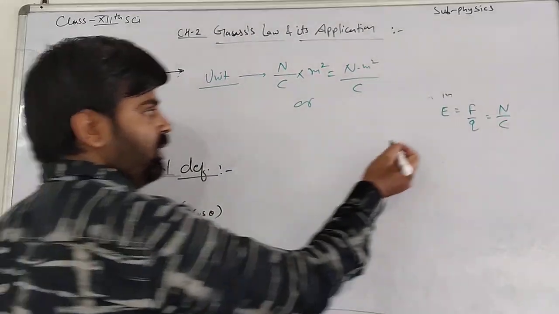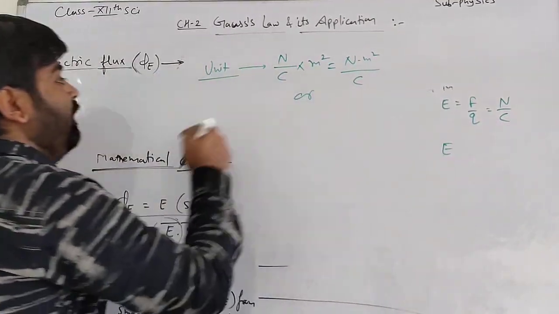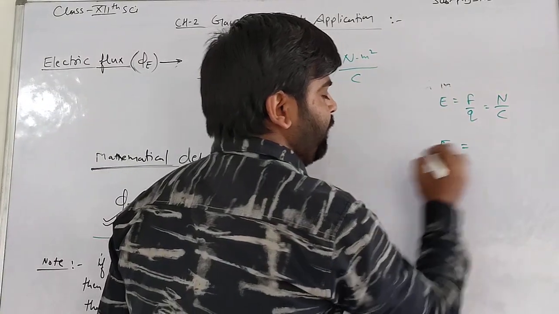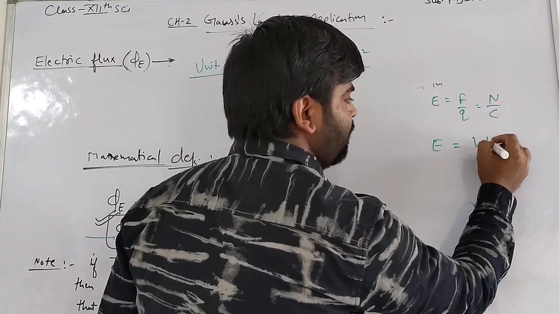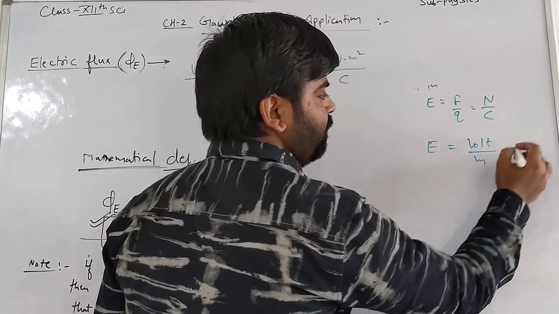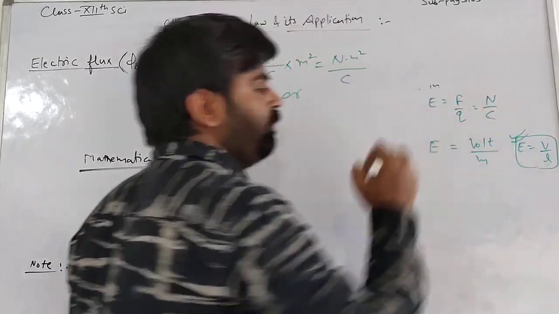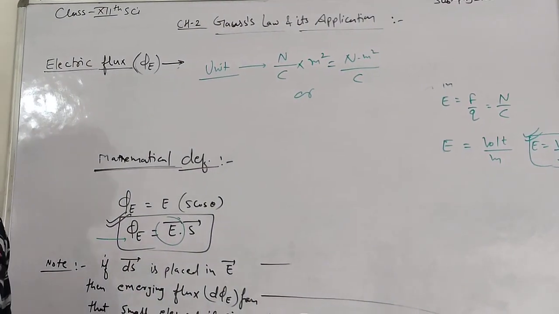Another unit of electric field is volt per meter. We know E is equal to V upon L; we discuss it in chapter 5, electric current.